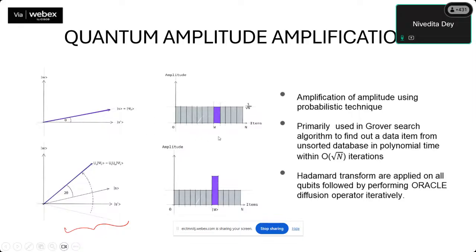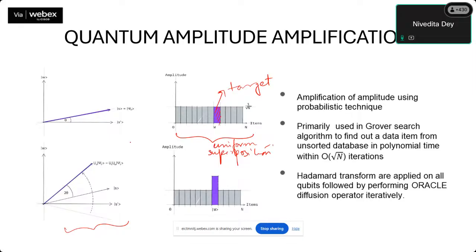So this is the initial one. See here, this is what I was referring to. This is the uniform superposition. This is the selected state, our target state, which you want to amplify.